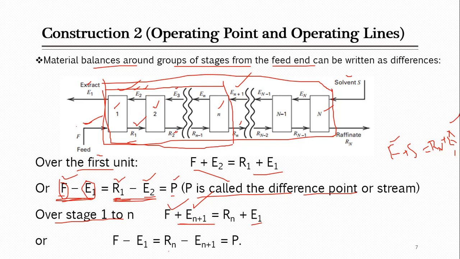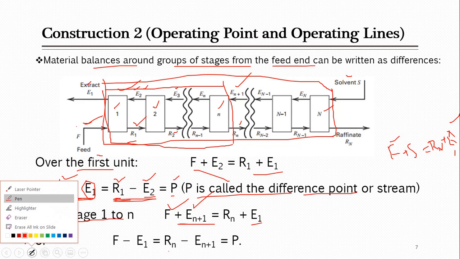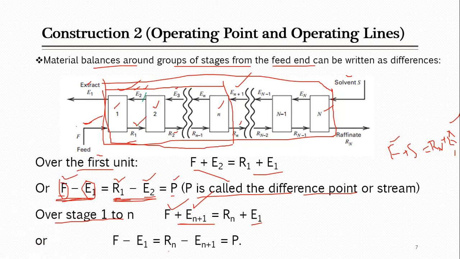Just look, if you apply a balance only on this stage 2, you will get R1 plus E3 equal to R2 plus E2. Now rearrange it in the form of something rich in carrier minus something rich in solvent, so it will be R1 minus E2.